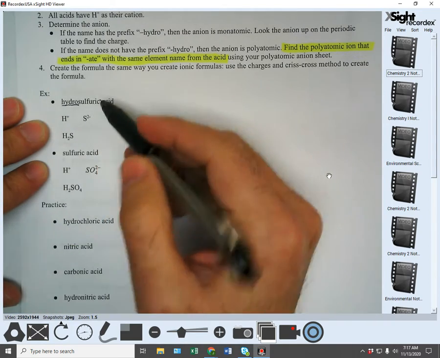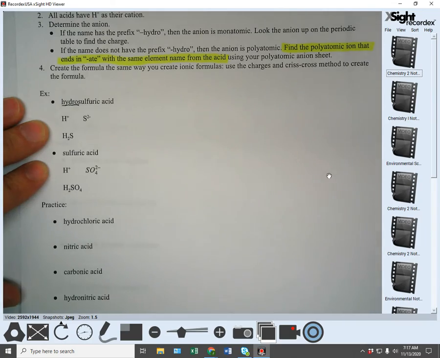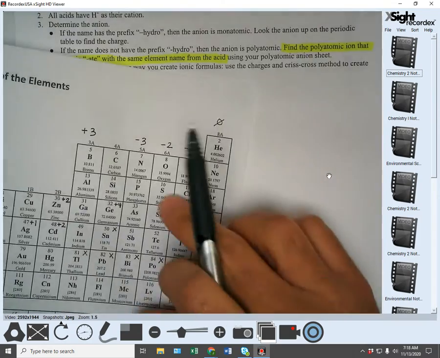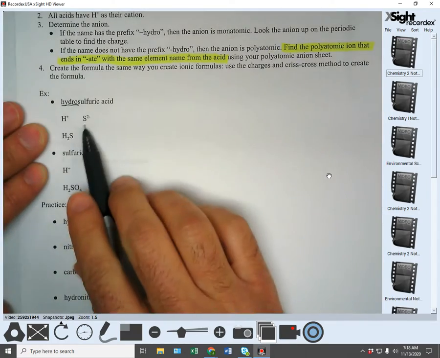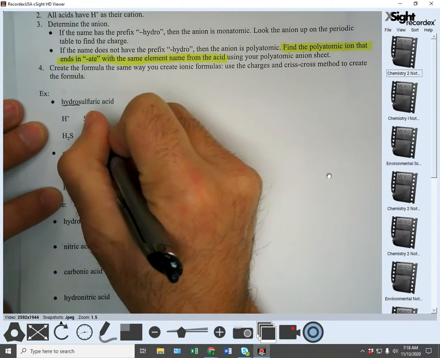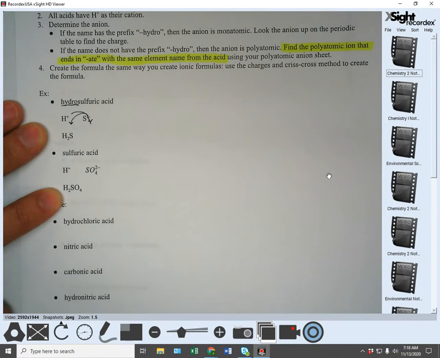That means our anion, the negative thing, is monatomic from the periodic table. So sulfuric comes from sulfur. So you look sulfur up on the periodic table, it's a -2. So you put S -2 or 2 negative. Then all you do, you cross down, and we end up with H2S.